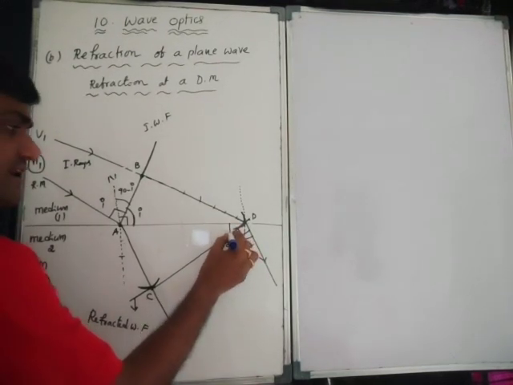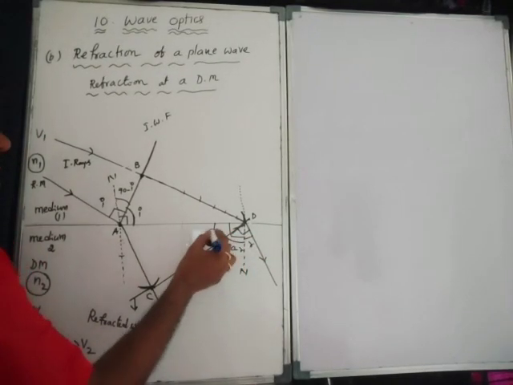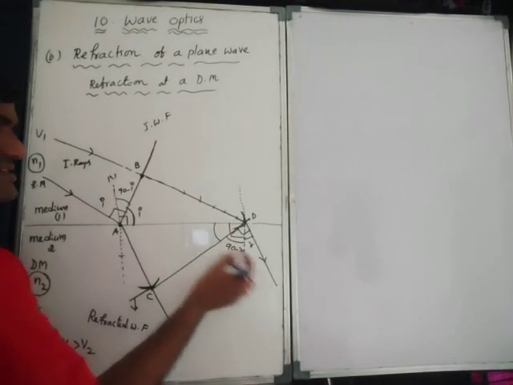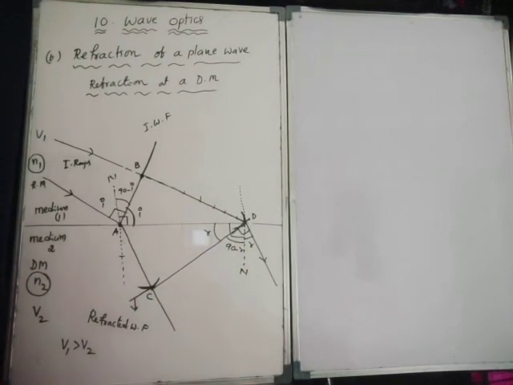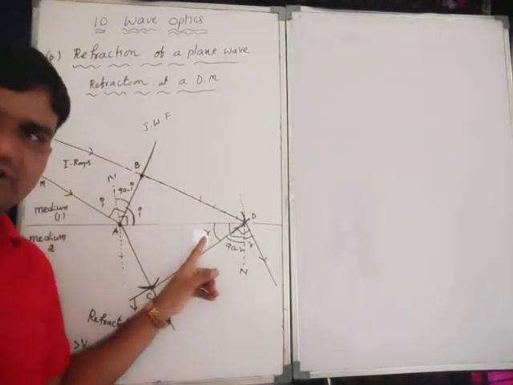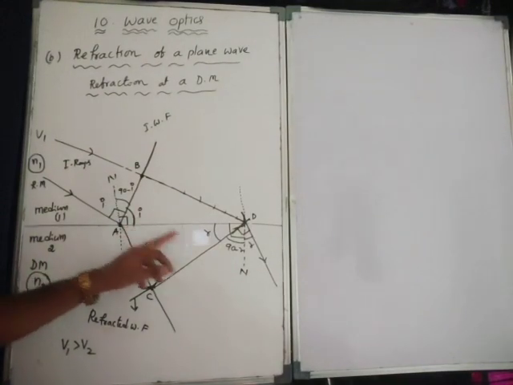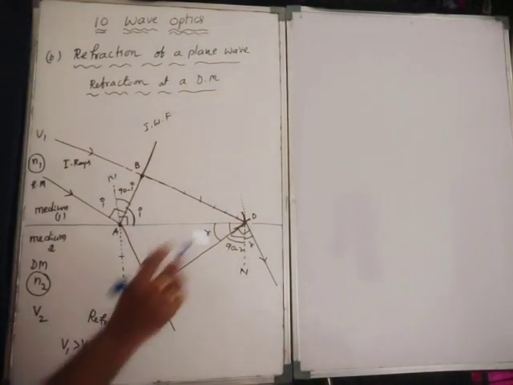From here to here the angle is 90 degrees. So this is 90 minus 90 plus R. So that is the angle of refraction. Correct or not? So this is the angle of incidence, and this is the angle of refraction.